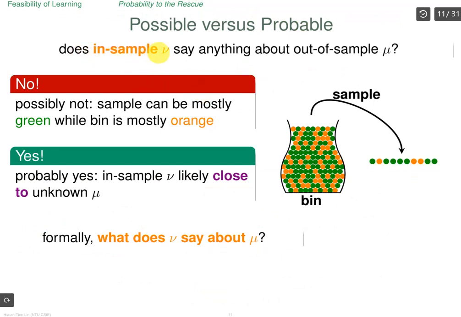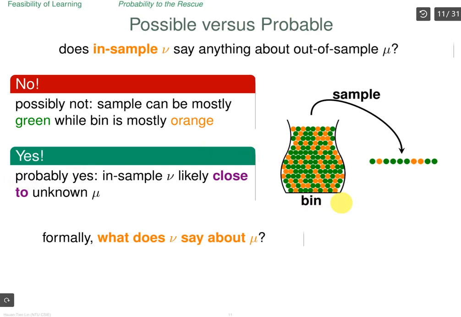First, no. Possibly not, because the sample can be mostly green while the bin is mostly orange. This could happen, possibly. And we can say yes, but yes with probability.